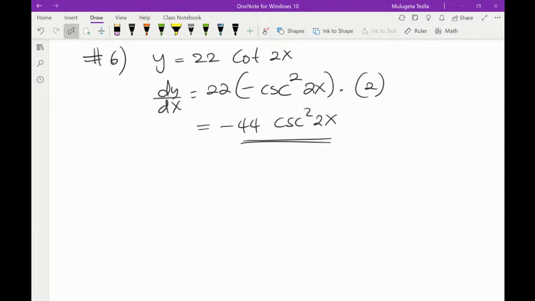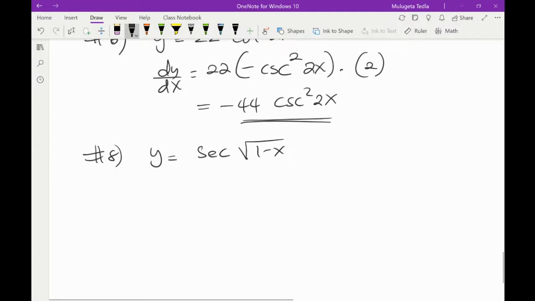Okay. Number 8 is y equal to secant of the root of 1 minus x. The derivative of secant x is secant x tan x, right?